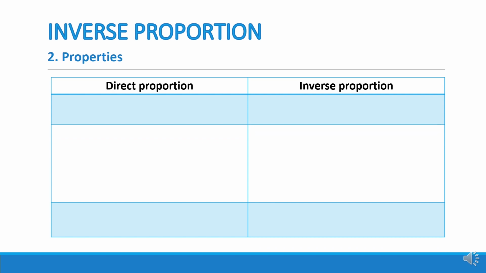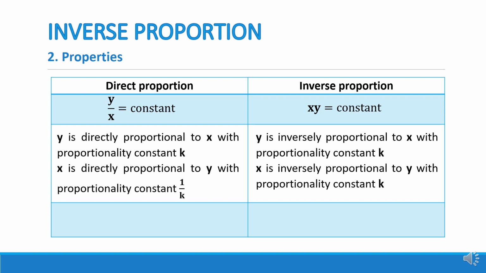While in direct proportion, the ratio of the two quantities remains unchanged, in inverse proportion, their product is a constant. Next, in case that y is directly proportional to x with proportionality constant k, x is directly proportional to y with proportionality constant 1 over k.